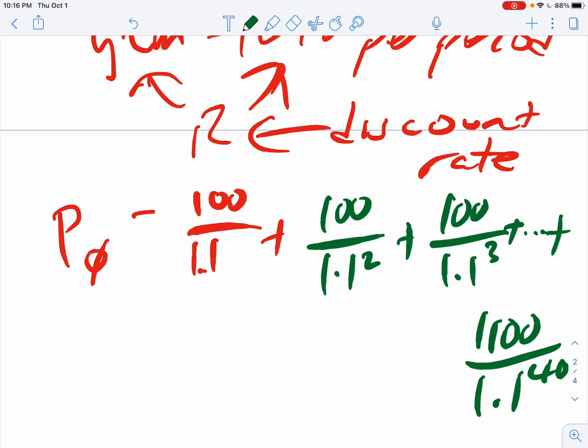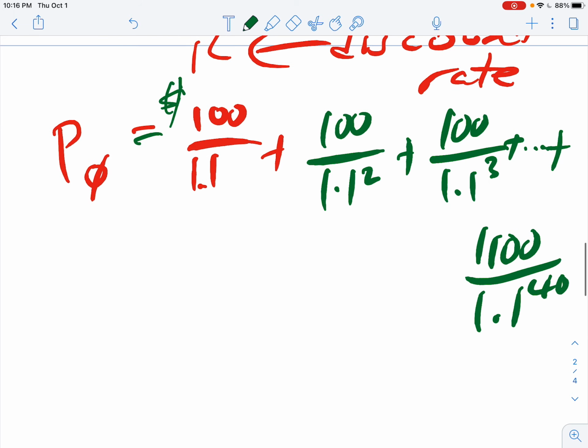Okay, you add all those up, and lo and behold, the coupon rate here is obviously 10% because the coupon is $100, which is 10% of a $1,000 maturity value. So we see the coupon rate is 10%, and it's quite obvious that the discount rate is 10%, right?